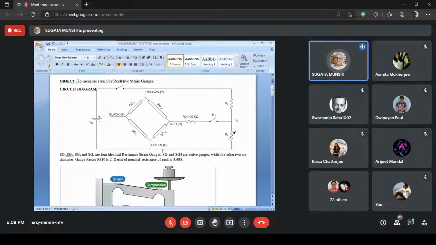Now you are having two active gauges, one under tension and one under compression, and two other dummy gauges. Two other dummy gauges is same as two external resistances. So what will be the sensitivity value now?